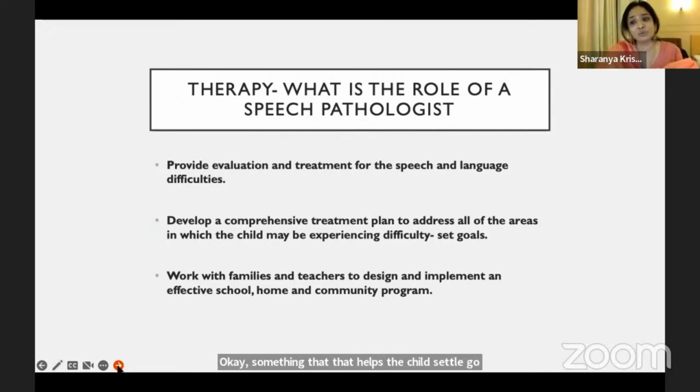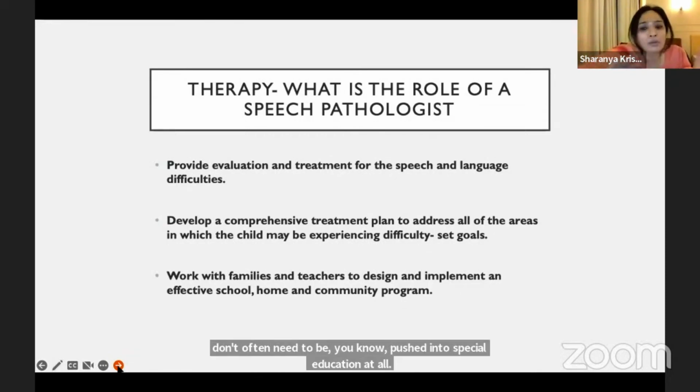So you have to extend your wings beyond your clinical setup. You have to work with the family, work with the school teacher, because children with Down syndrome are ideal candidates to fit into an inclusive school. They don't often need to be pushed into special education at all.